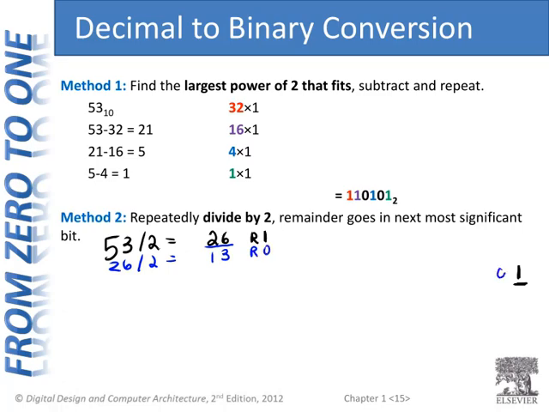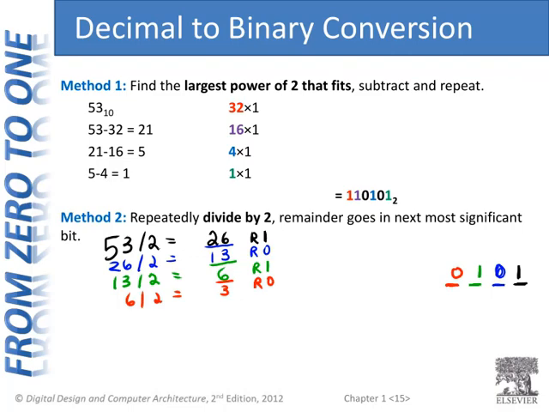That goes in the next most significant bit. And we take what's left, the 13, divide that by 2, and get 6. Now we have a remainder 1. It goes in the next most significant bit. Again, same process, take what's left, 6, divided by 2. We're going to get 3, remainder 0. That remainder goes in our next most significant bit.